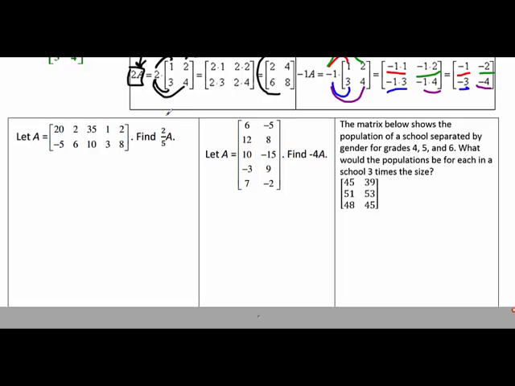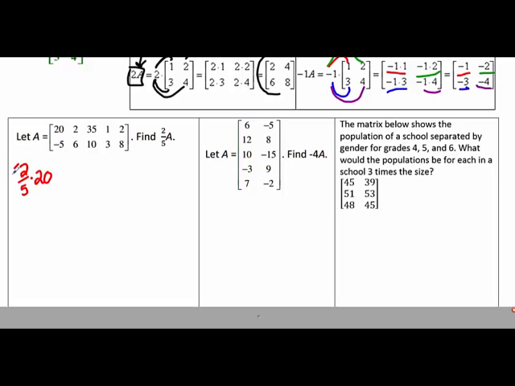All right. So I'm taking 2/5 of everything in A. So I need 2/5 times 20. And be careful typing this in your calculator, because if you just type it in as 2 divided by 5 times 20, it may not know exactly what order you're working in.